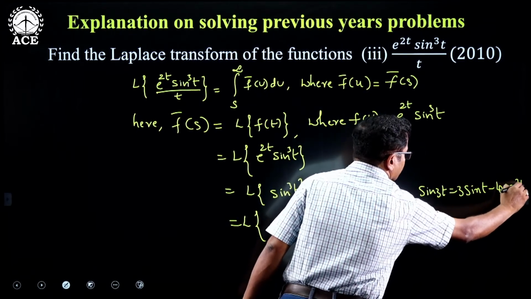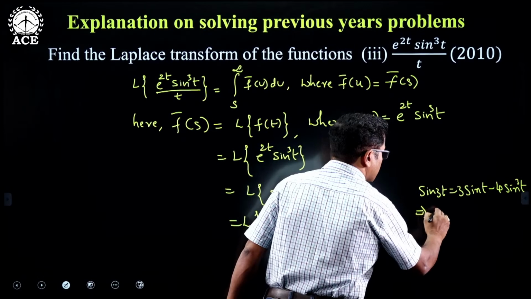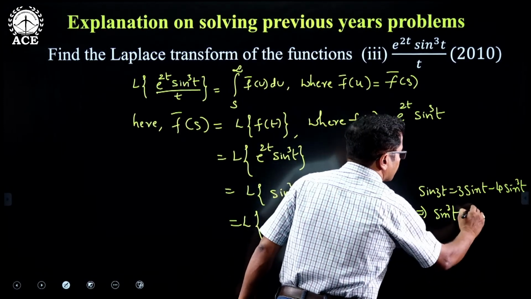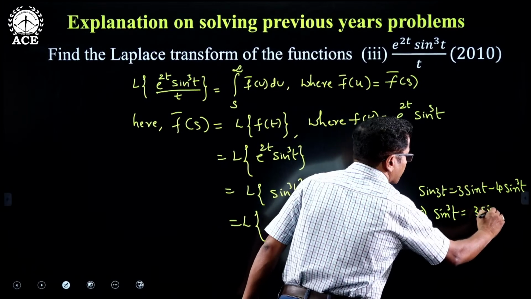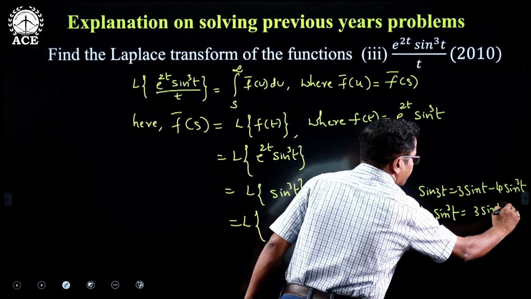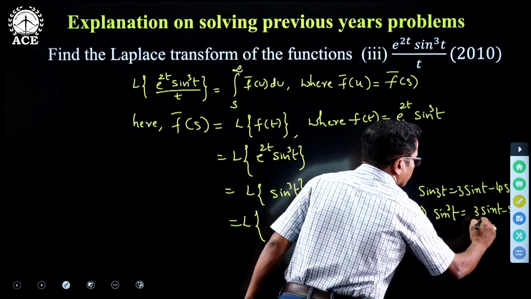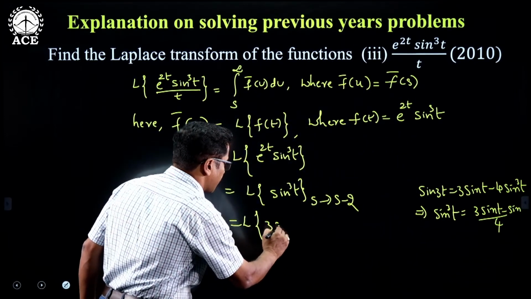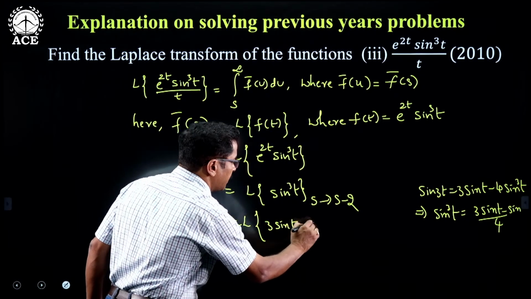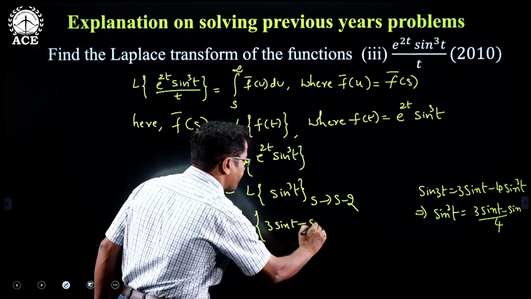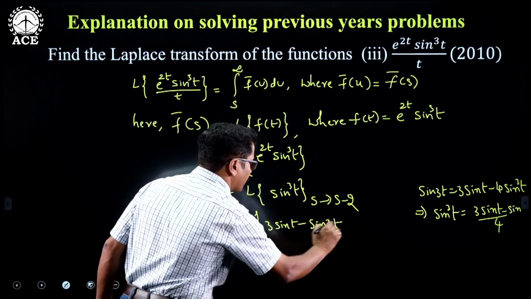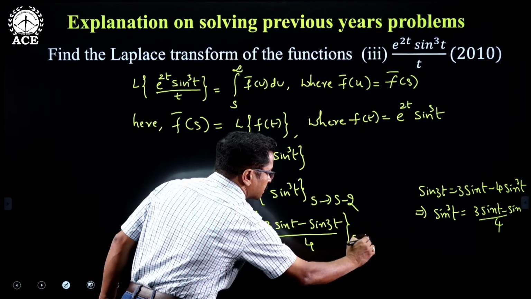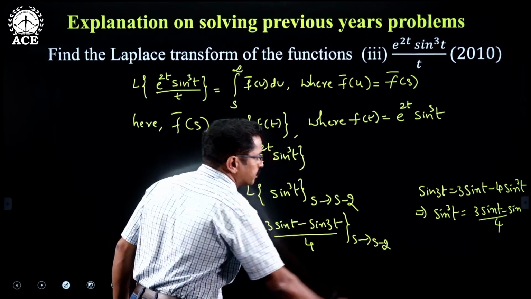This is the formula for sine 3t. So from this we can evaluate sine cube t as (3 sine t minus sine 3t) by 4, where s is shifted to s minus 2.